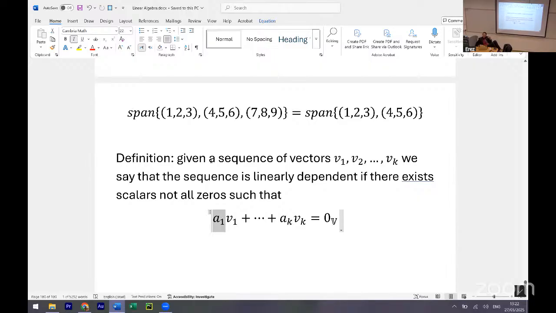Yes. This is logically the hardest definition in linear algebra because it has two quantifiers. There exist scalars such that not all of them are zero, and the linear combination gives you zero. So it's two quantifiers, there exists and for all.